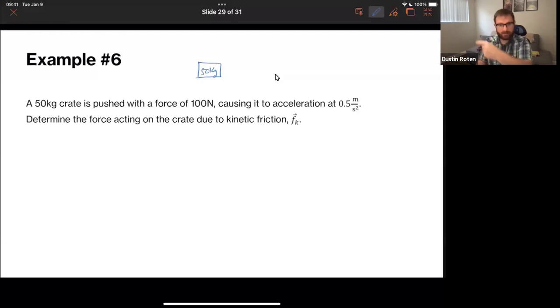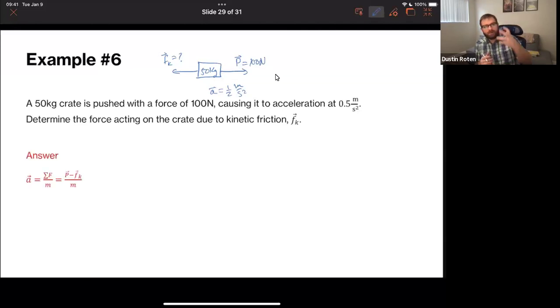We're pushing it with 100 newtons, and we know it's accelerating at 0.5 meters per second squared. And we also have some kinetic friction that's going to oppose us, always in the direction opposite of motion. But we have no idea what that friction is, so let's solve for it.